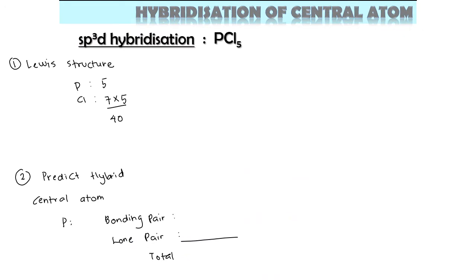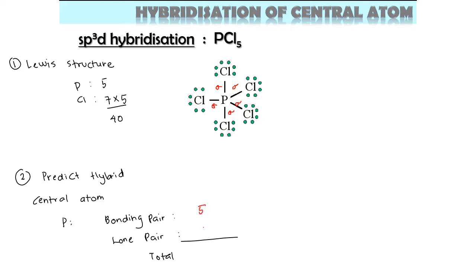So the Lewis structure will be this, and you will have 5 sigma bonds. The bonding pairs of electrons will be 5 and 0 lone pair. The total electron pair will be 5, therefore the hybrid will be sp3d hybrid, and the class will be AB5.